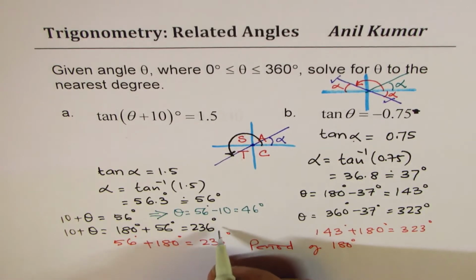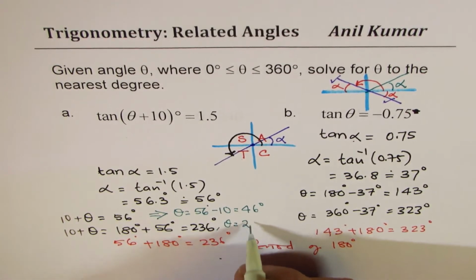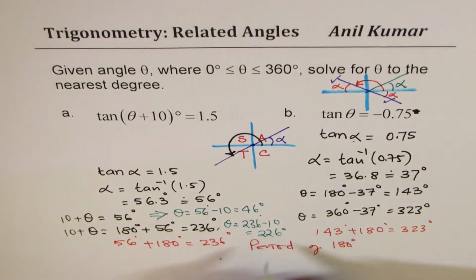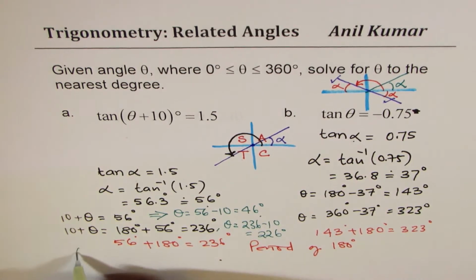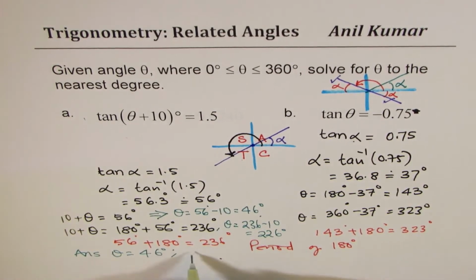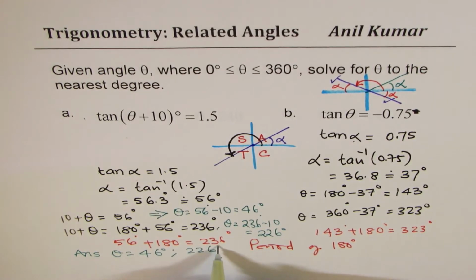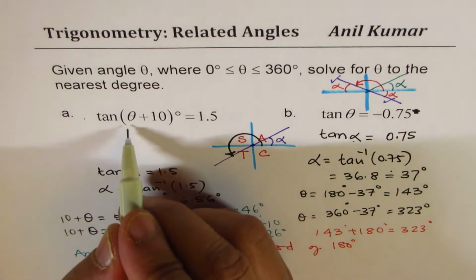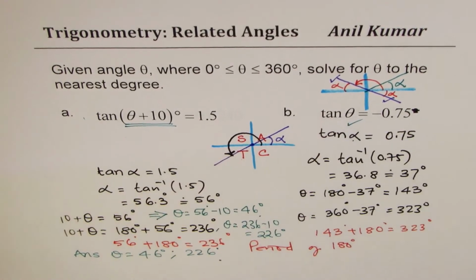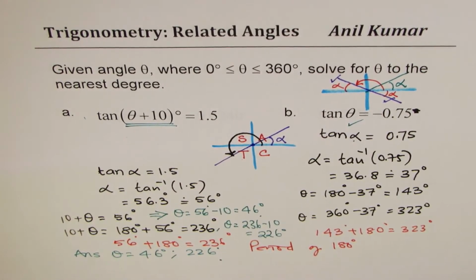And in this case, theta will be equal to 236 degrees minus 10, which is 226 degrees, correct? So our correct solution for part A is that theta is equal to 46 degrees and 226 degrees. Is it okay? Because the question was theta plus 10. I kind of forgot. Okay, anyway, but this part is okay. Perfect. So good, I saw it.